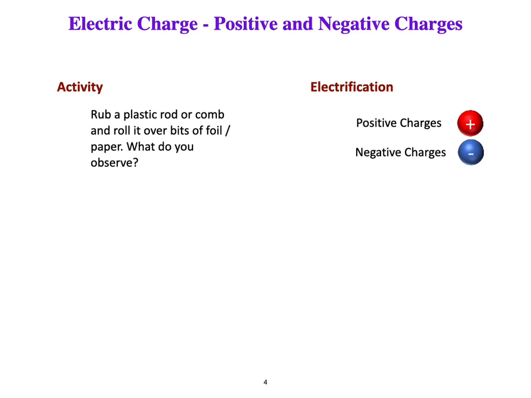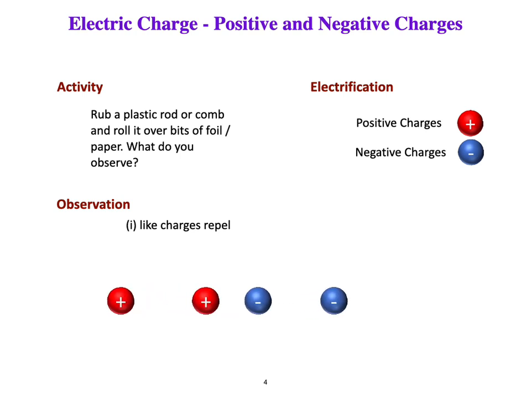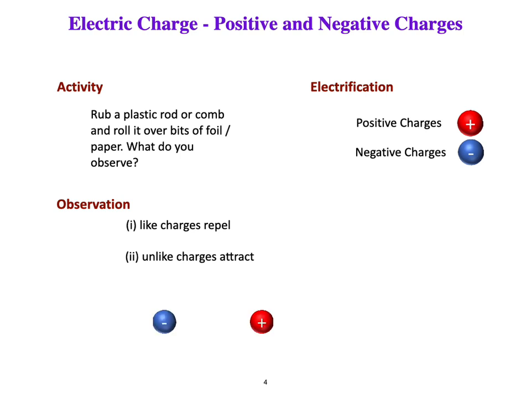So what we notice is that either there is a repulsion of charge or there's an attraction of charge. The like charges will always repel each other. Let's see in this example below. Two positive charges are always repelling each other, and similarly two negative charges are also always repelling each other. And we also notice that unlike charges will be attracting each other. Let's see in this example below that the positive charge in red and the negative in blue are attracting, as you can see clearly.